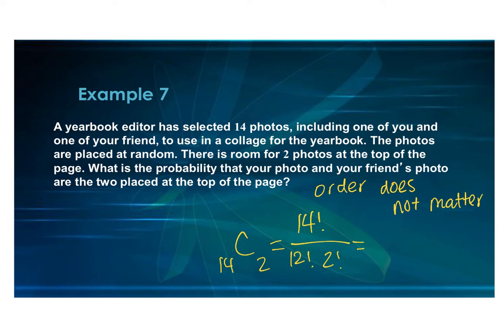So how many combinations do we have? Let's check it out. This would be 14 factorial divided by 12 factorial and then times 2 factorial.